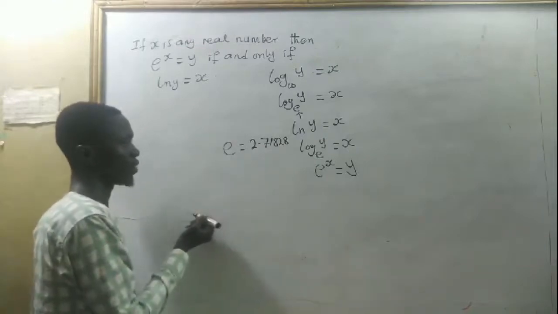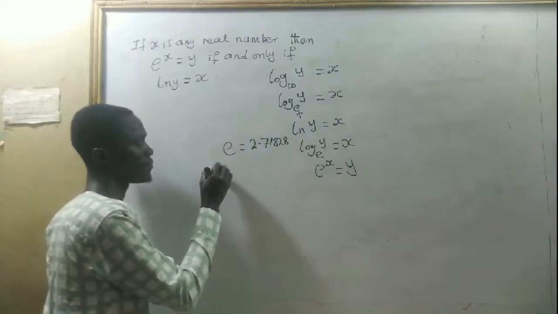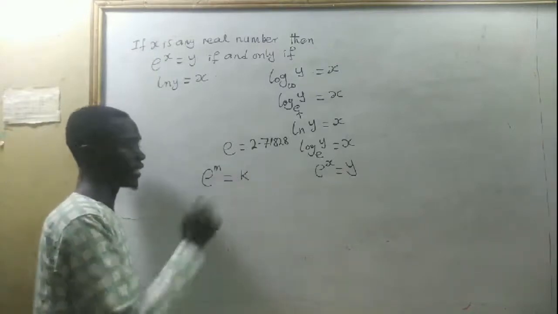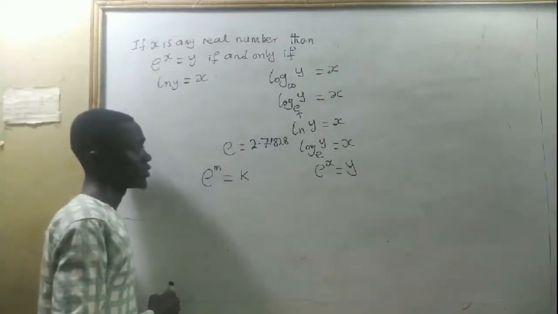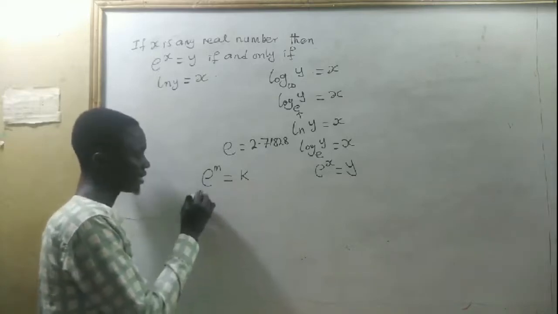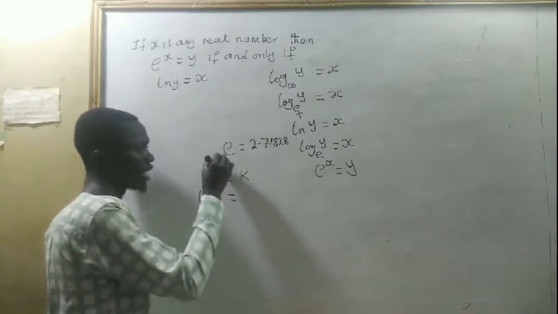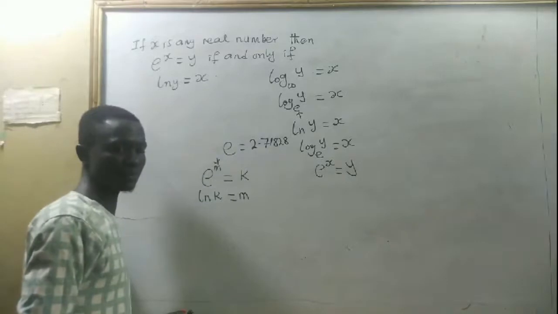So if, for example, you take e to the power n and you get a number k, you can take e to the power 3, e to the power 4, e to the power 5, since you have the calculator with you. If you take the natural log of k, it should give you the exponent that we took, n. That is what we mean here.